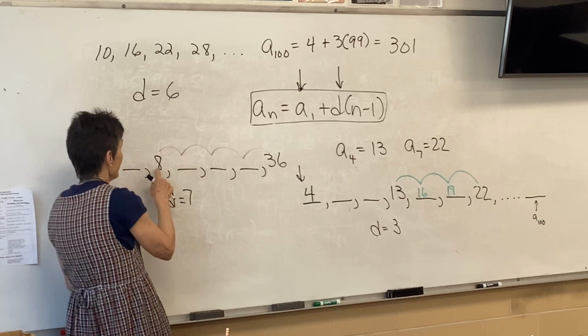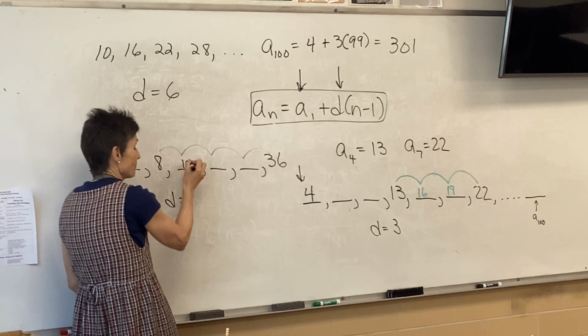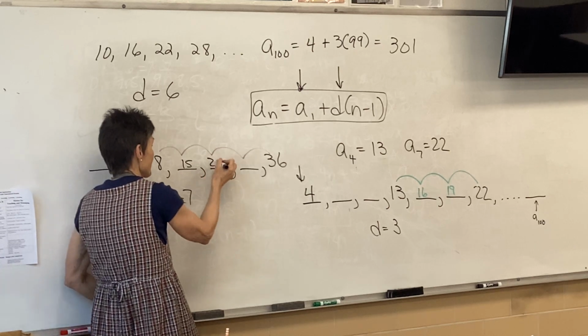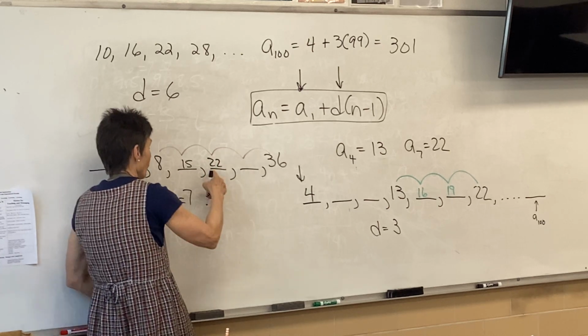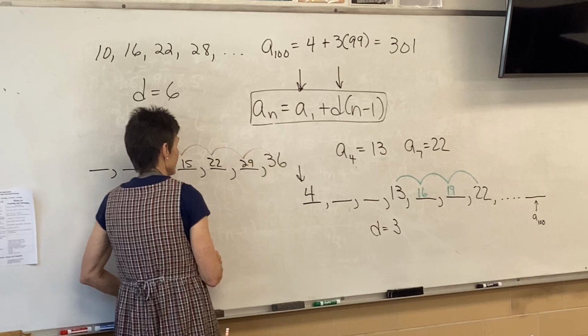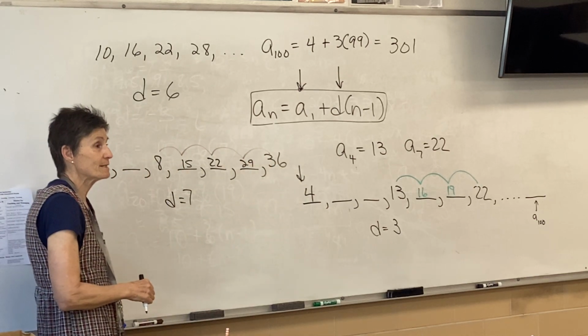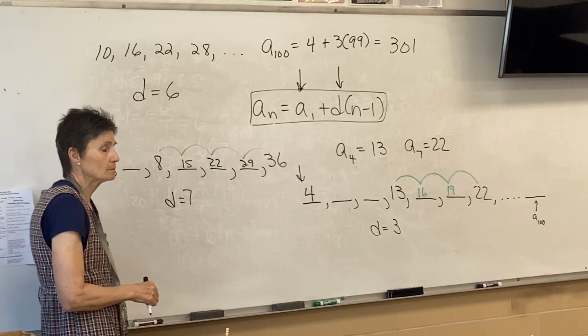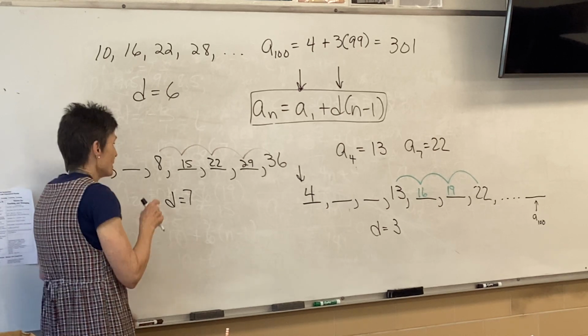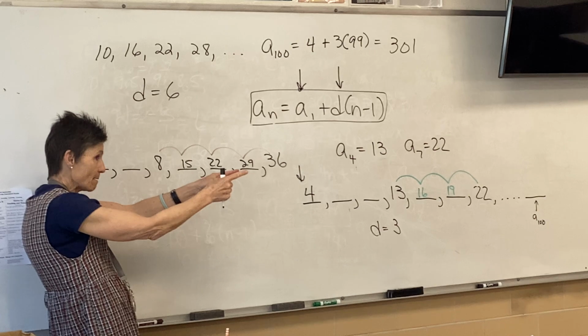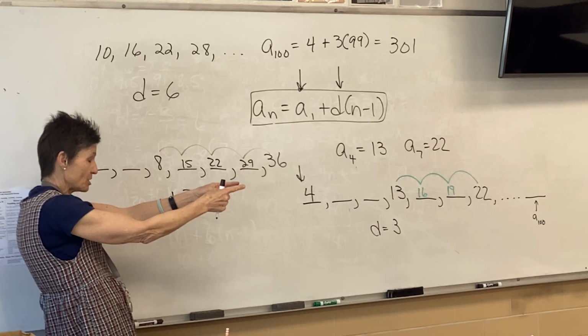Let's check it. 8 plus 7, 15 plus 7, 22 plus 7, 29 plus 7. Does it work out? Yep, so my difference is 7. Now, going that way, I am adding 7 with each step.